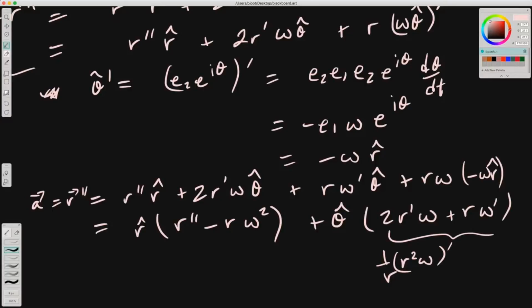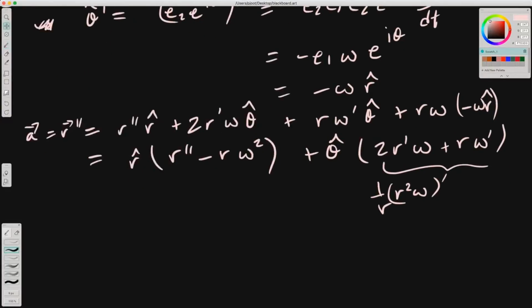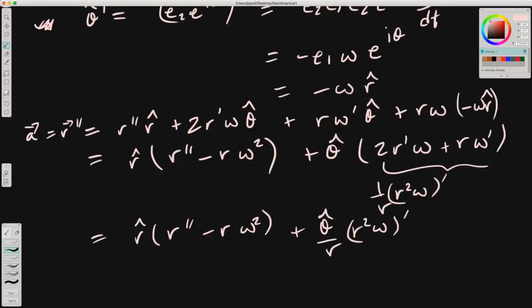So we can slide up and have radial component of the acceleration and plus a theta hat component. So there is our acceleration.